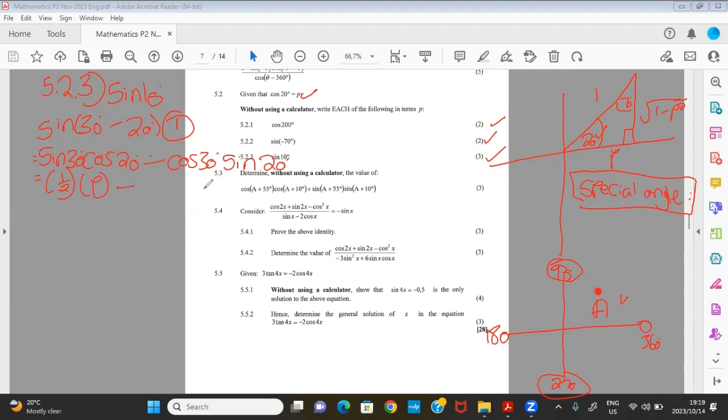Then minus cos 30, that's root 3 over 2. And then sine 20, that's opposite over hypotenuse. So that's going to be root 1 minus p squared.